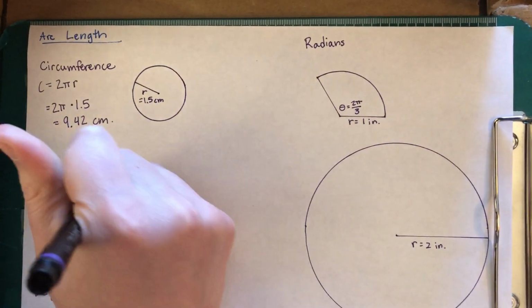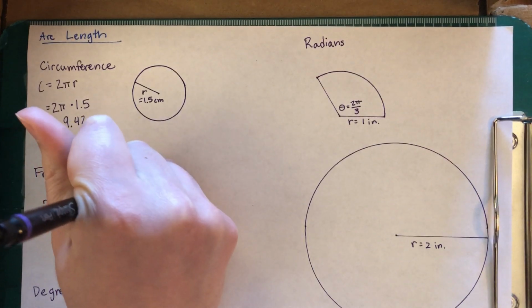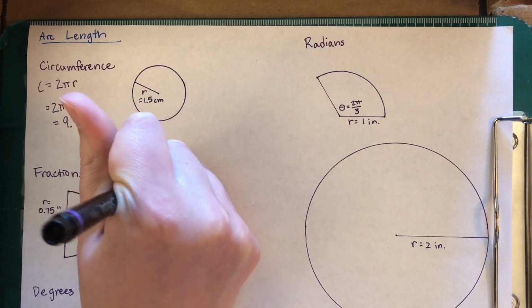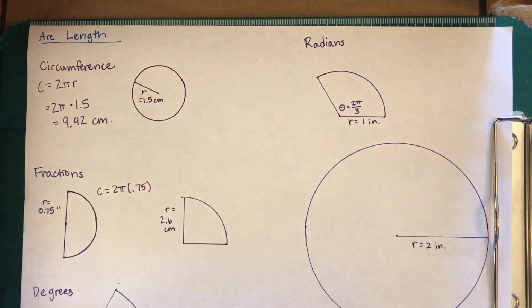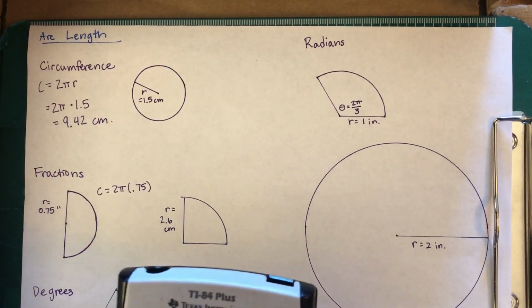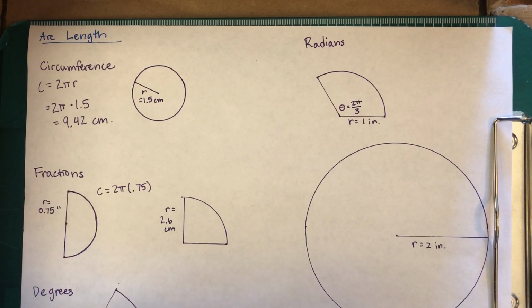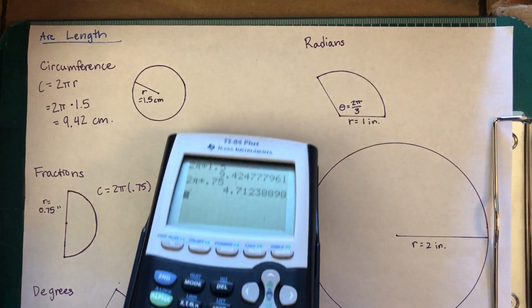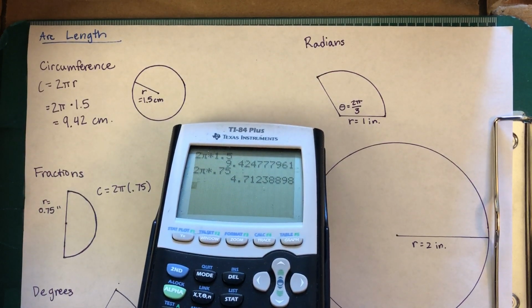Well, we know that the circumference is 2 pi times the radius, which we'll put 0.75. So the circumference would be 2 pi times 3/4, or 4.7 inches about.